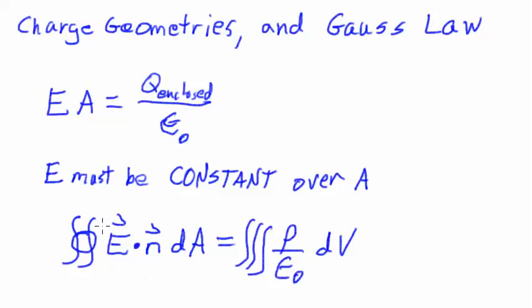But we don't have to look at that right now because we are going to look at 3 cases where the electric field is constant over the area enclosed, namely the point, the wire, and the plane.